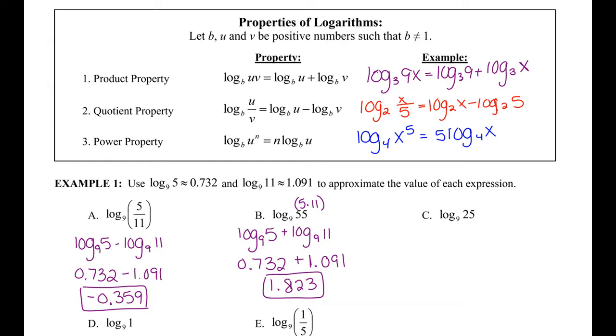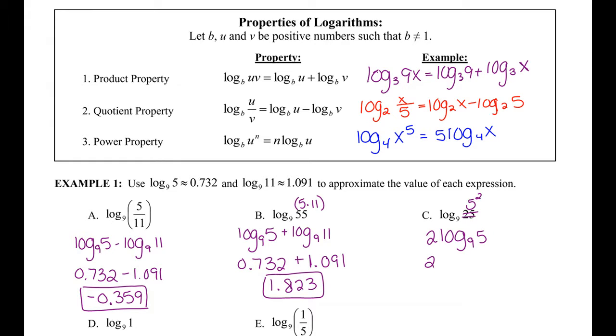The last one we're going to do together is C, log base 9 of 25. The first thing that I'm going to do is rewrite 25 to be 5 squared, seeing as we don't know what log base 9 of 5 equals. Then I'm going to use the power property, which brings the 2 out front. So I get 2 times log base 9 of 5.